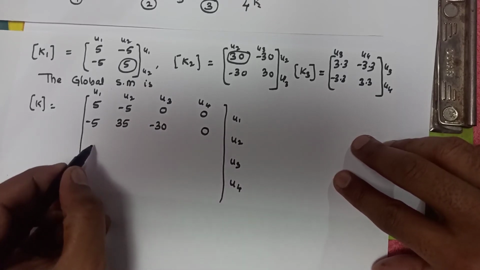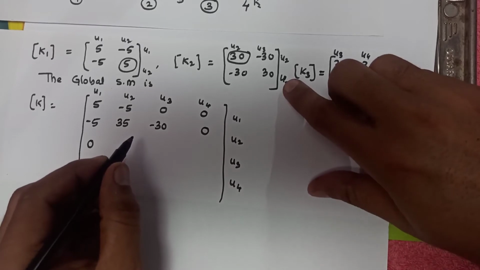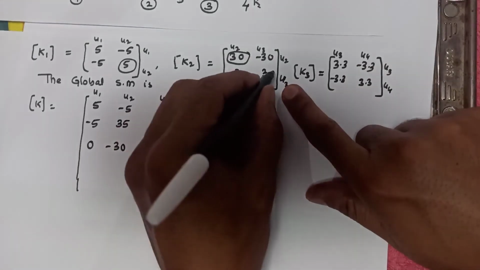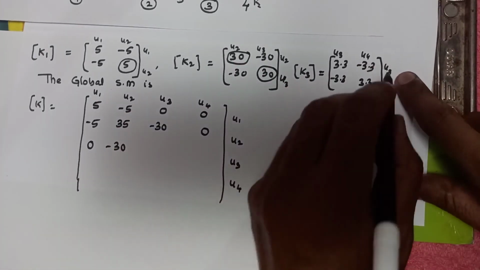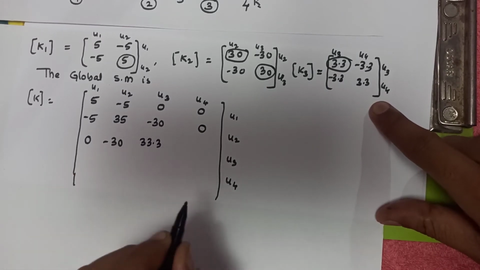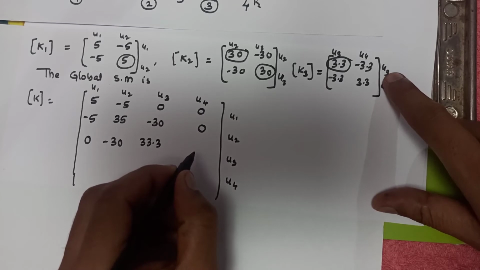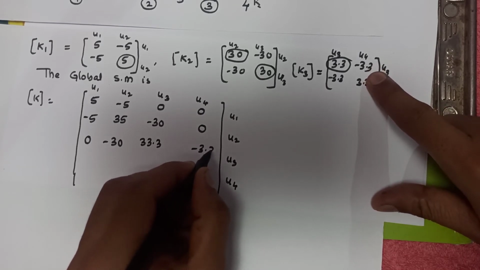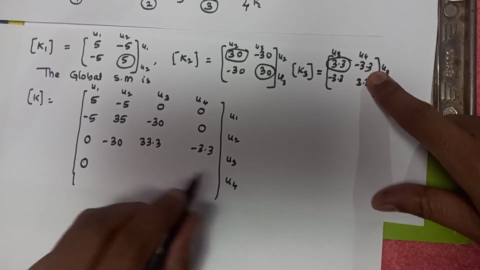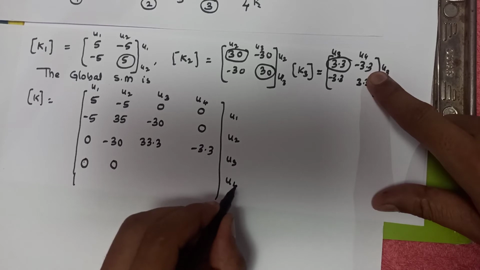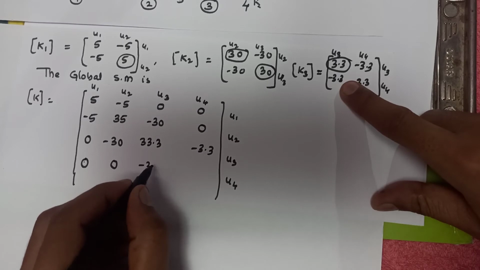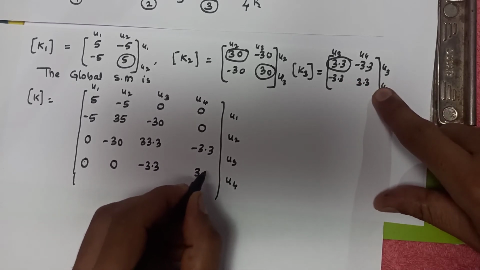Now U3, U1, 0. U3, U2, that is -30 again. Now U3, U3 it is 30 here, and U3, U3 again is 3.3, so 33.3 in the diagonal. U3, U4 is -3.3. Now U4, U1, 0, U4, U2, again 0, U4, U3 is -3.3, U4, U4 is plus 3.3.